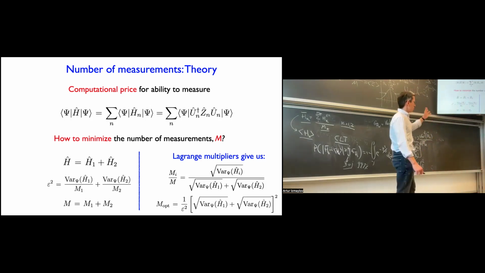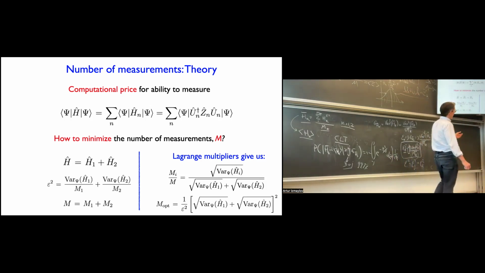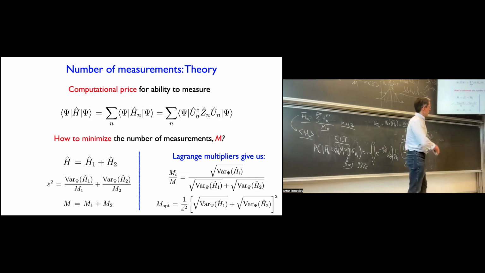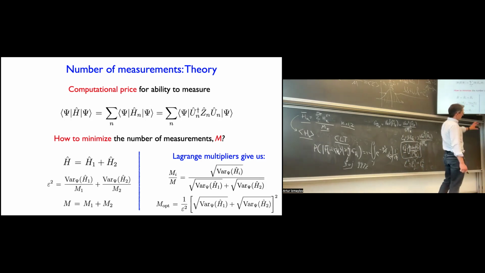And if we put it all together, if we select these measurements optimally according to this ratio, then the optimal number of measurements for achieving error epsilon will be like this. And what this actually gives us is a little bit of an optimistic picture, because in general we don't know these variances exactly.